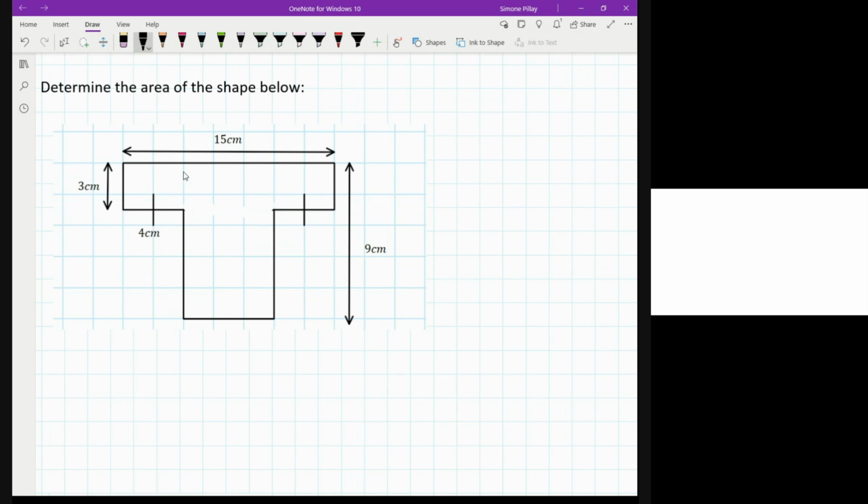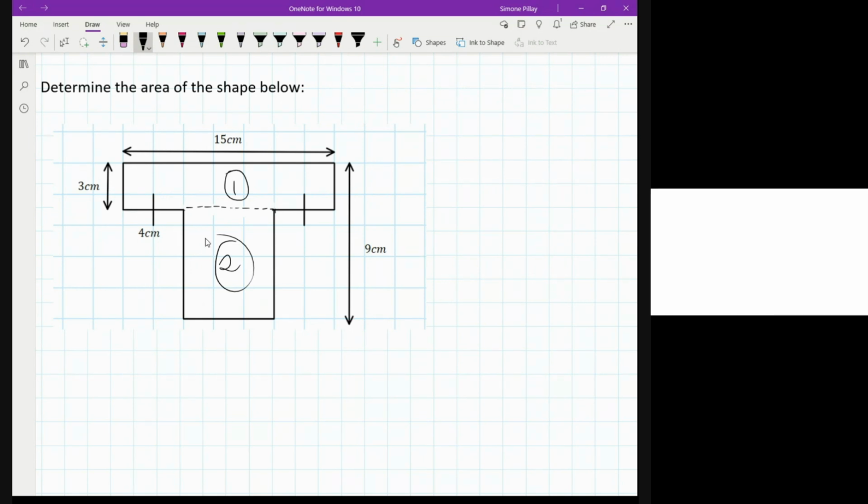So immediately I'm seeing I could break it up like this into 3 different shapes. So this would be rectangle 1, rectangle 2, and rectangle 3. But that's a lot of rectangles. So let's try again. I see that I could just section it off over here and make this rectangle 1 and this rectangle 2. Yes, Dimitri, we 100% can split the shape.